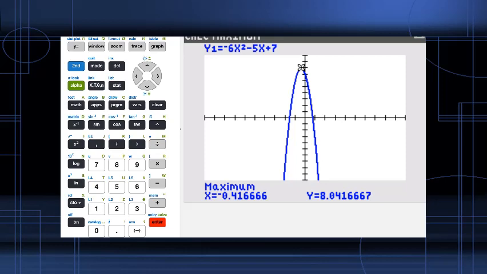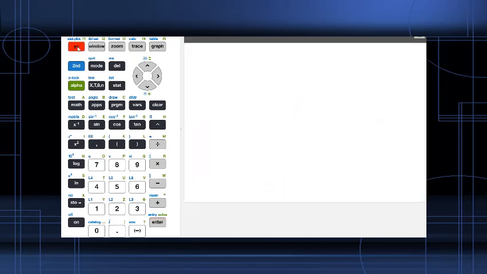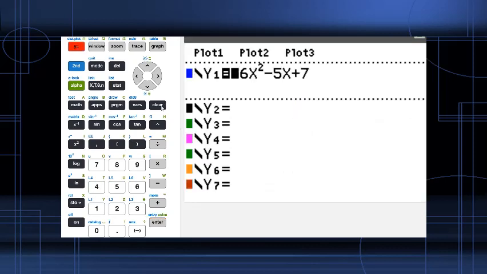And we'll look at the second example here shortly. All right, well, let's do the second example. I'm going to y equal, clear out this first equation, and enter the second equation, where g of x is equal to 2x cubed minus 4x squared minus x plus 5.